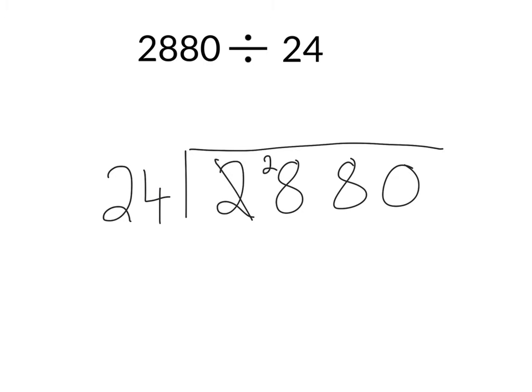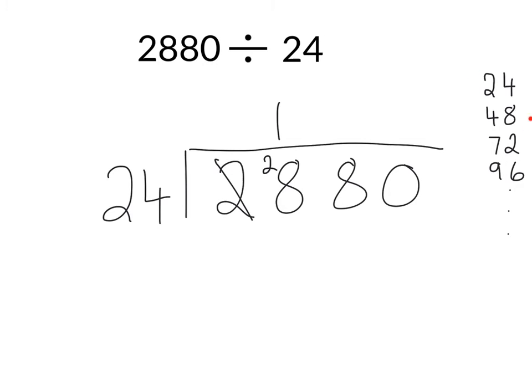Now 24 can fit into 28 as a whole. If I list my 24 times table here, the first number is 24, then 48, then 72, then 96, and so on. So 24 fits into 28 once as a whole, because 1 times 24 gets me to 24.